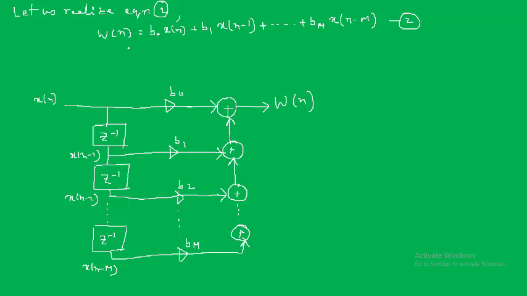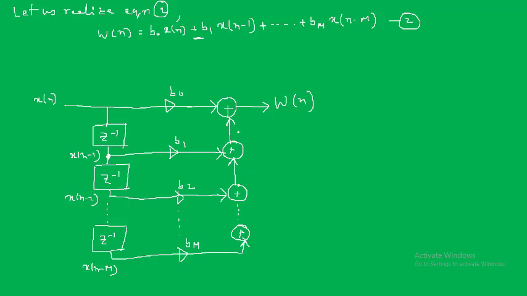So take the equation w of n, which is b naught x of n plus b1 x of n minus 1, up to bm x of n minus m. Here x of n is the input, and we have a multiplication factor b naught. Then I use a delay element z inverse. At this point we get x of n minus 1, which has the coefficient b1, and that gets added up.